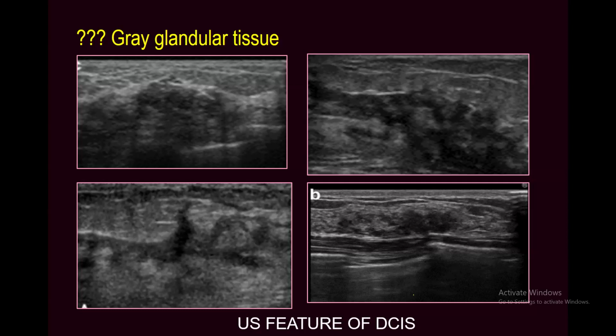Nadia speaking. In practice, if you reported something like this, you found an abnormality which you think is DCIS at least, would the lady come back in 3 months? Would you have to convince the physician or the surgeon to do something?